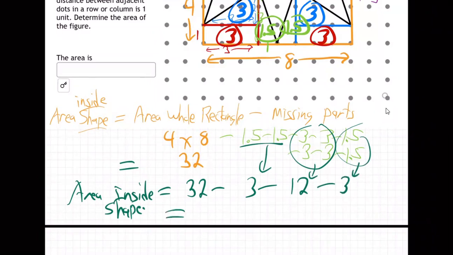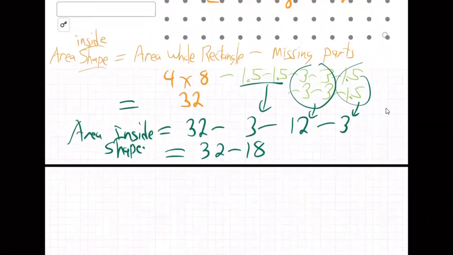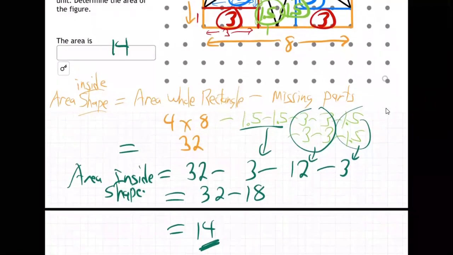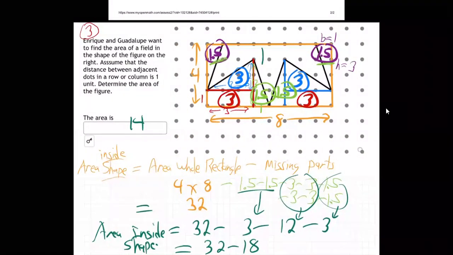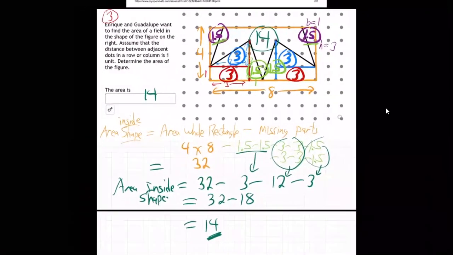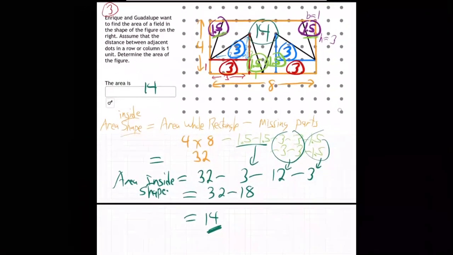So that's 32 minus 18. The area of the inside shape is, I think, 14? Yeah, 14. There must be 14 in here to make the overall thing add up to 32. So there we go. Our answer is 14.